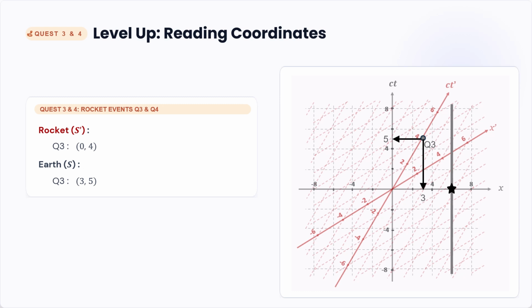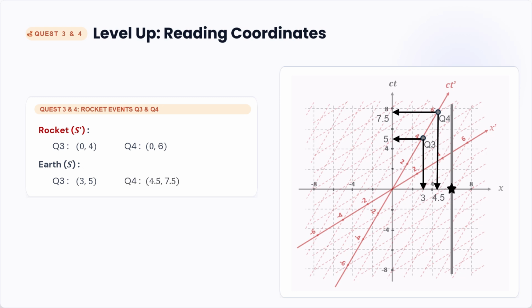Quest 4. This time, point Q4 is higher on the same red time axis. Through the rocket's glasses, x prime equals 0 and ct prime equals 6. Just like before, extend lines parallel to the black axes. 3, 2, 1. From the graph, x is about 4.5 and ct is about 7.5.